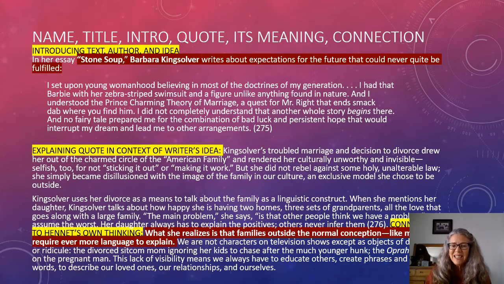So we can see that connection being made, and it is based on families outside the normal conception and language. We would expect to see 2 concepts being discussed in Hennet at this point, and we will not be disappointed in the following paragraphs. We now move to Hennet's thought and reflection about that particular concept in the remainder of the paragraph.